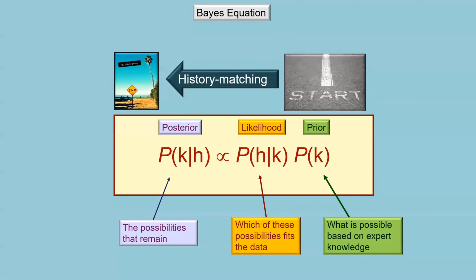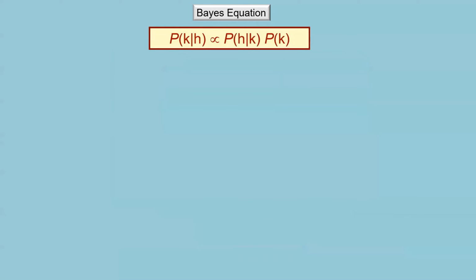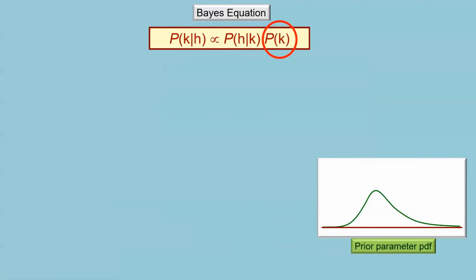So let's define the problem. We start off as usual with Bayes' equation, and let's start off by examining the terms of Bayes' equation in just a little more detail than we have done in the past. So firstly, the prior parameter probability distribution.